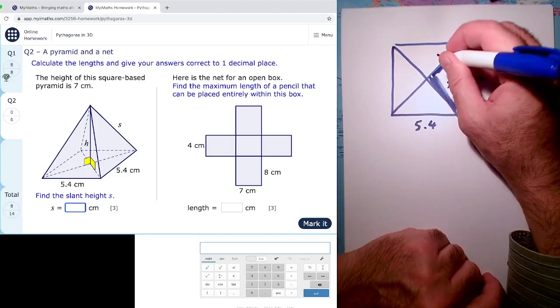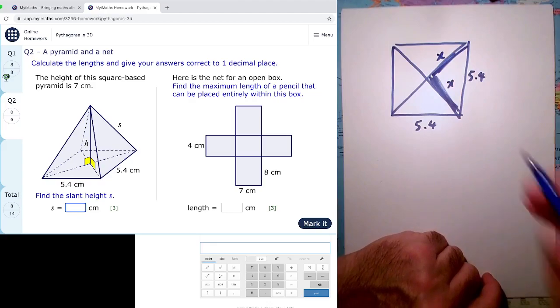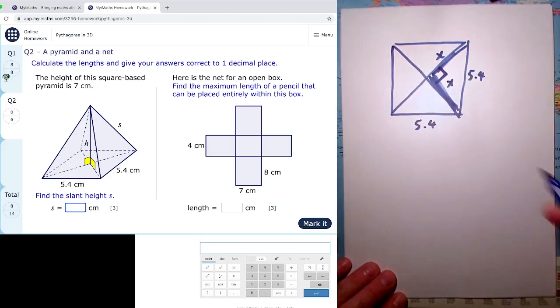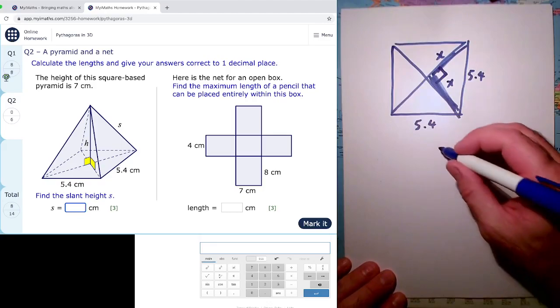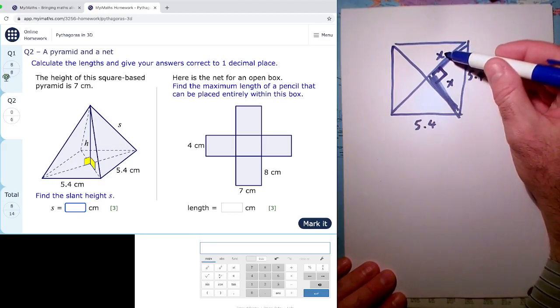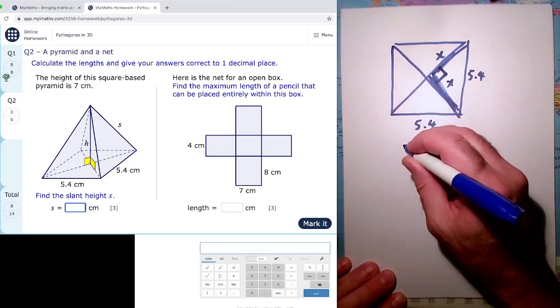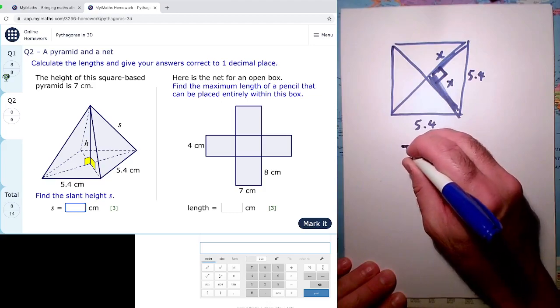So both of these are x, and you've got a right-angled triangle in there where the two diagonals of a square cut each other. So basically you've got x squared plus x squared equals 5.4 squared. That's Pythagoras.